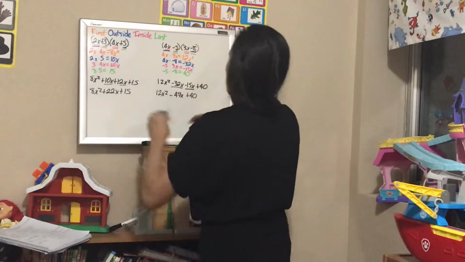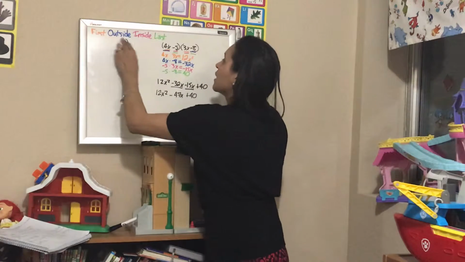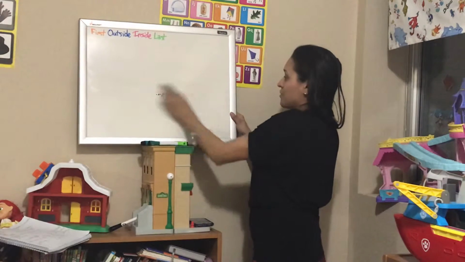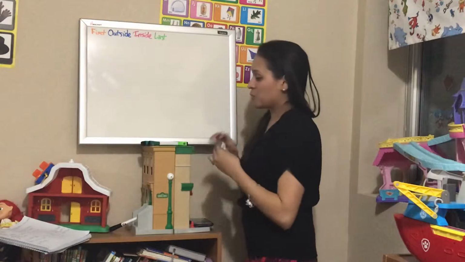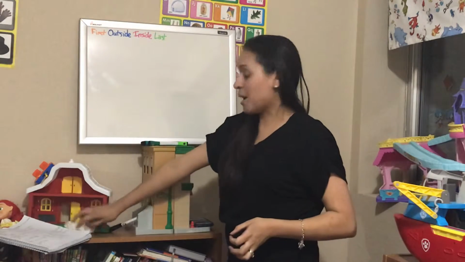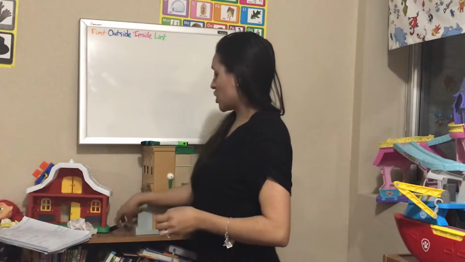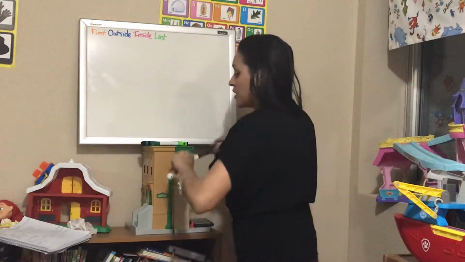Now I want to compare side by side a binomial with the first term negative and the second term positive with an equation where the first binomial is positive and the second binomial is negative, just so I can show you the importance of paying attention to your negative and your positive.